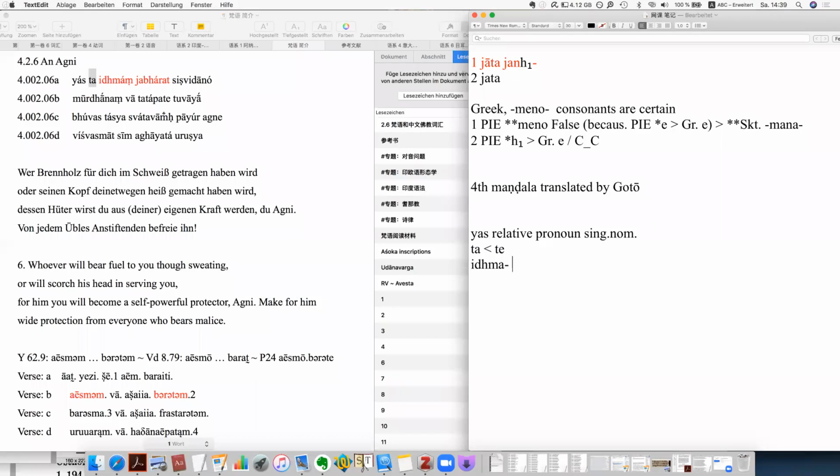So itma means Brennholz. 中文就是柴火了，就是wood. So in German it's called Brennholz. Brenn is burn. Holz is wood. So wood for burning. Yeah, Brennholz. Okay. And then Jabarat.